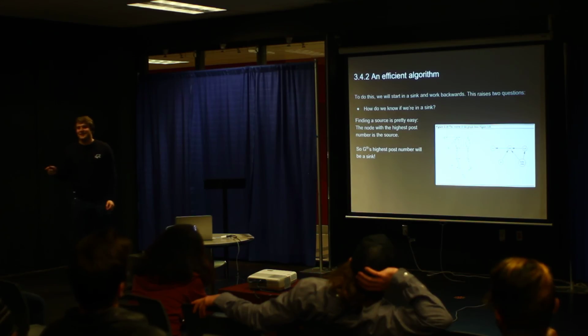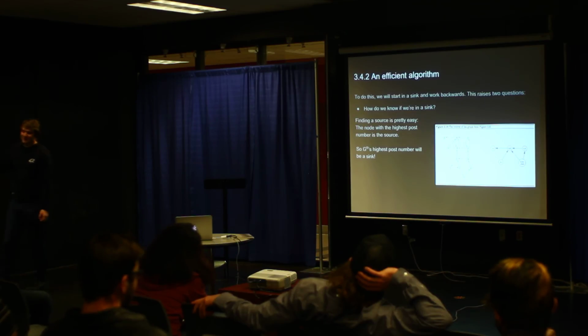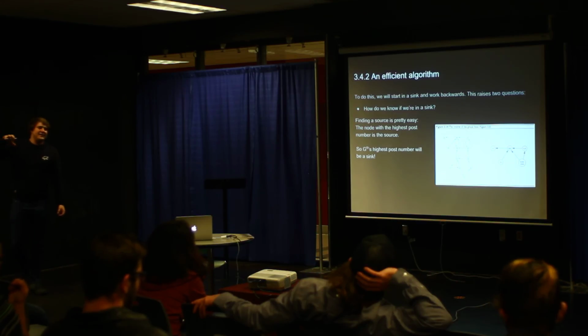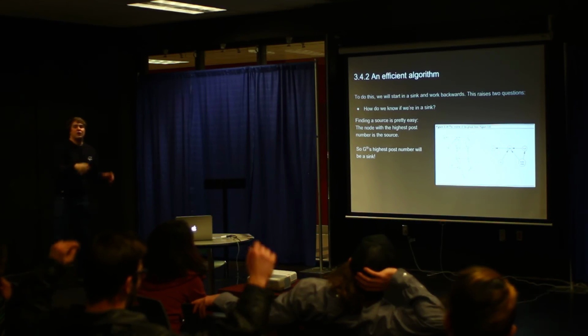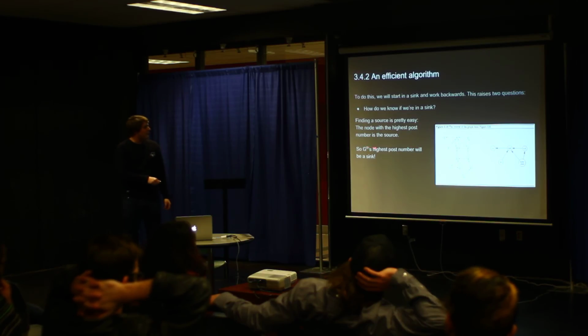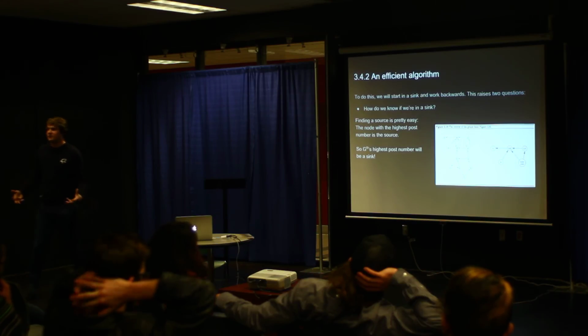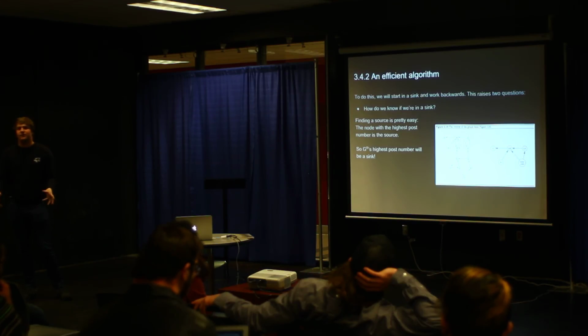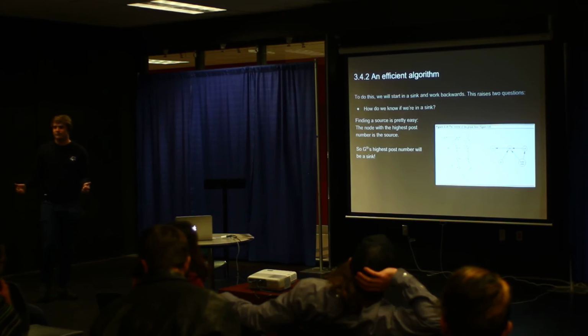We can then find the source again, and it ends up being a sink for the original graph. So if we look at the highest post number of the graph's reverse, it will give us the sink for the original graph that we're looking for. Cool?